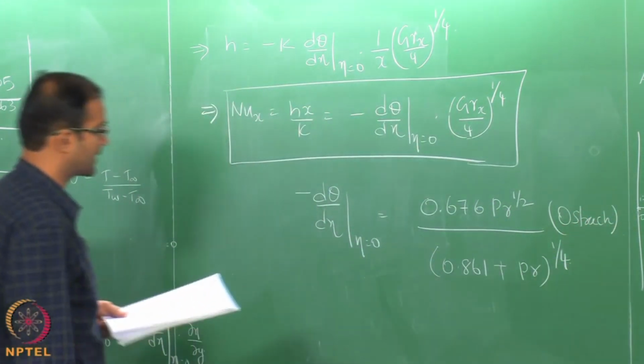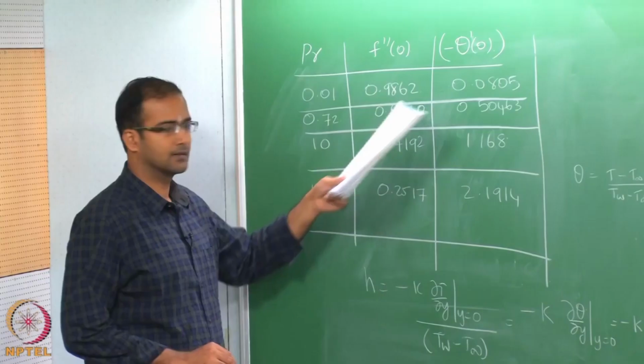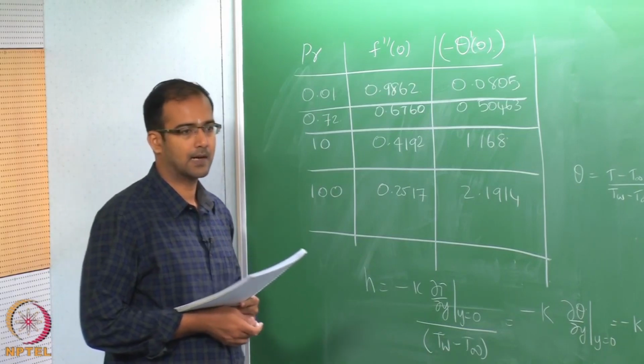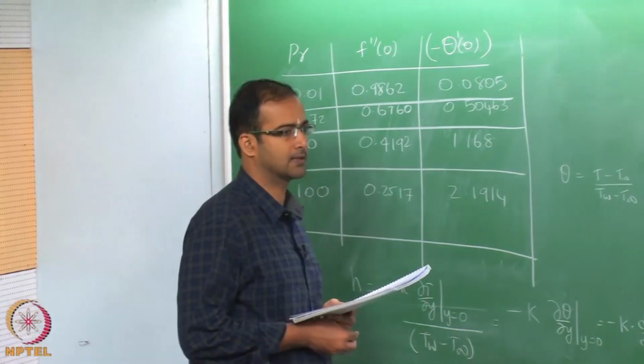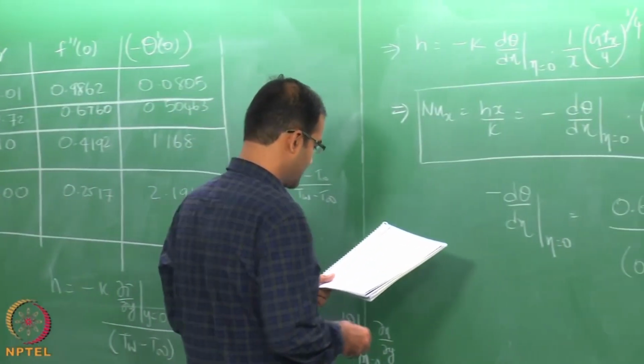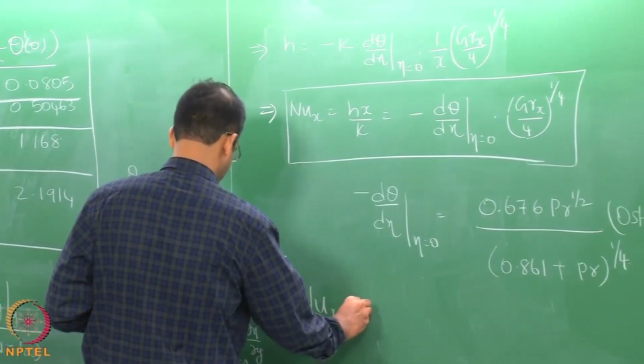You can do a quick check for Prandtl number equal to 0.7 whether you recover the value shown here. If you have a calculator, you can quickly check that. So therefore with this curve fit, we can write down the final expression for Nusselt number.